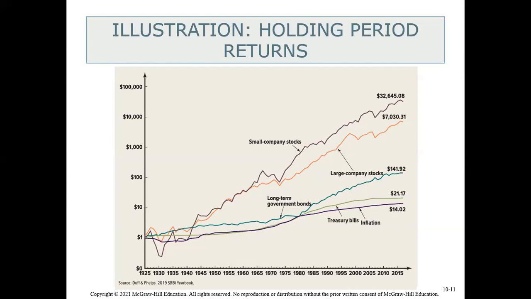It doesn't have that extreme bouncing back and forth like the small company stocks do. Long-term government bonds, also a lot smoother of an investment than stocks. And those treasury bills, even smoother, meaning there's not a huge amount of jaggedness in the curves over short time periods.